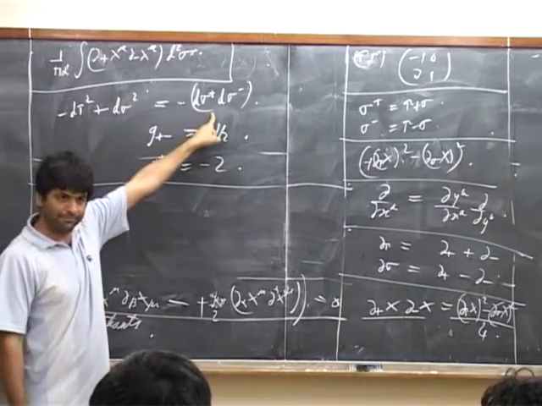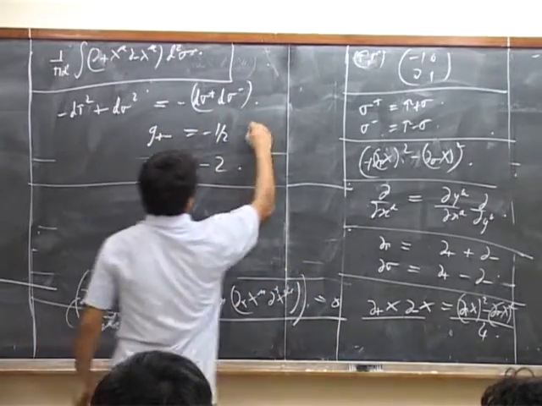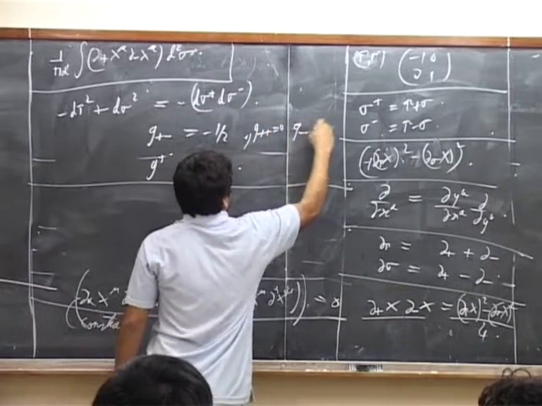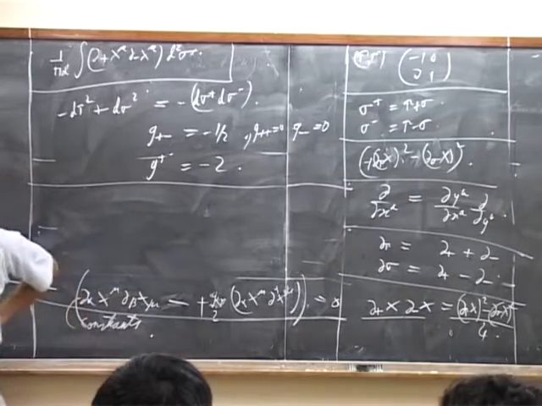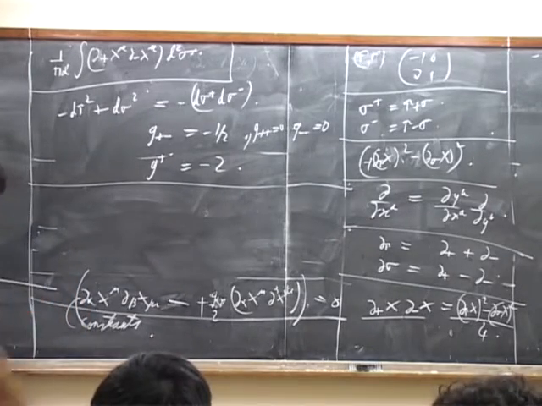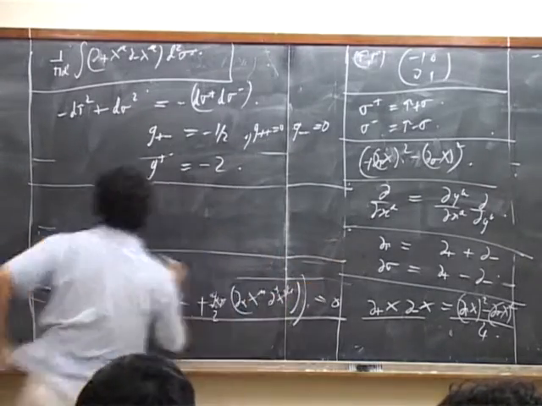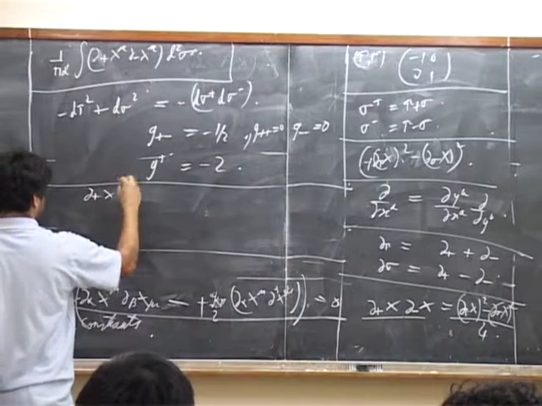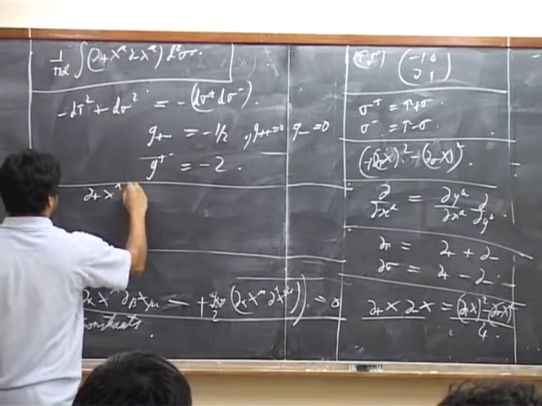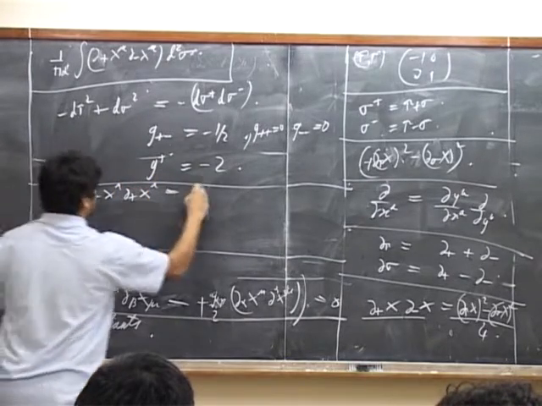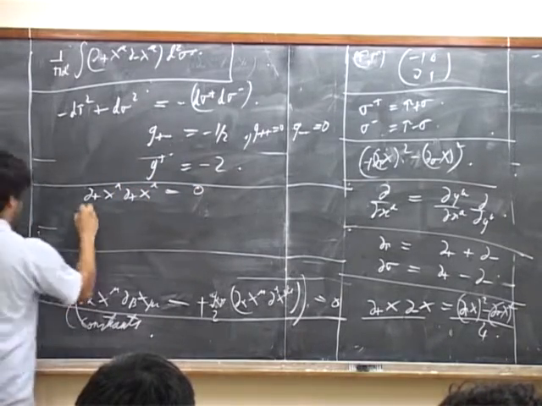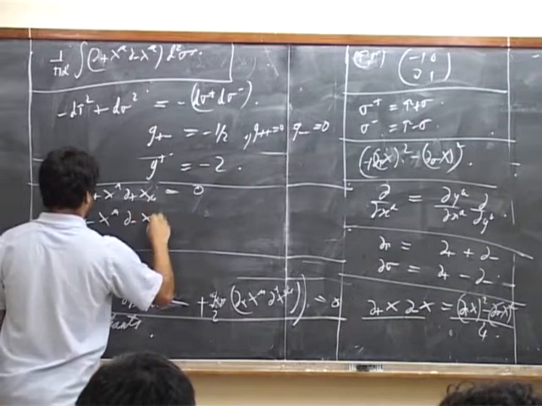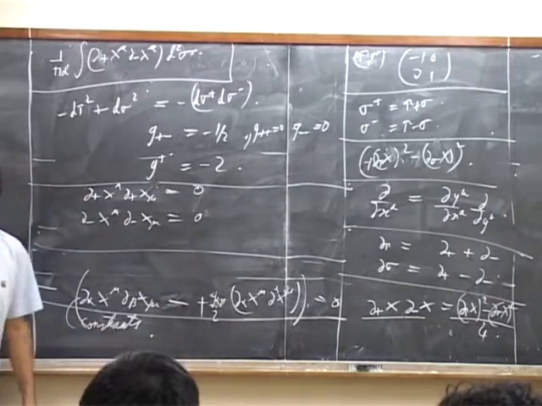So when I say G plus minus is this, I should supplement that by G plus plus equals 0, G minus minus equals 0. Is that clear? So two of the constraints are very simple. Del plus of x mu, del plus of x mu is equal to 0, and del minus of x mu, del minus of x mu is equal to 0.